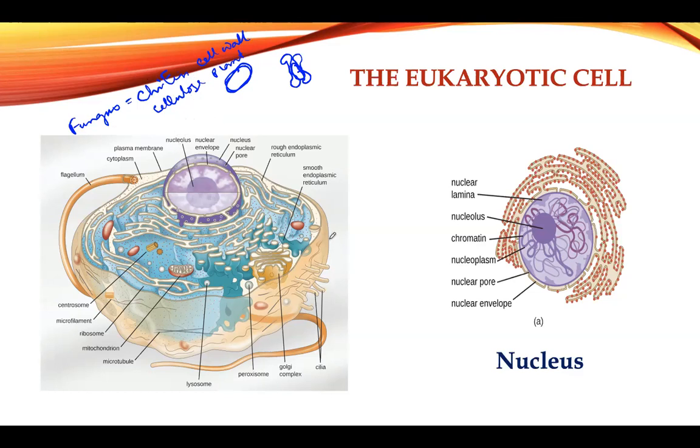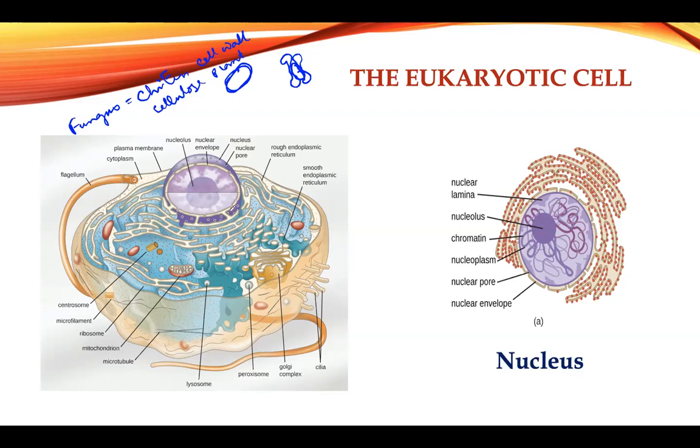If we start looking from the plasma membrane, immediately beneath it we have the cytosol, or the cytoplasm. The brain of the cell is the nucleus. Almost every time it remains at the center of the cell, and we call the nucleus the brain because it controls most of the chemical activities inside the cell.